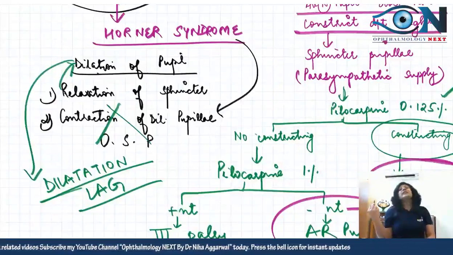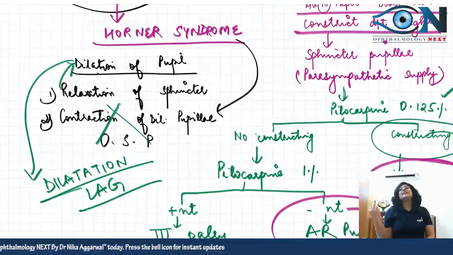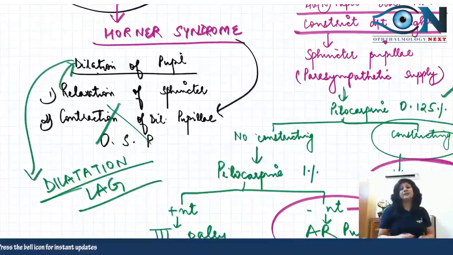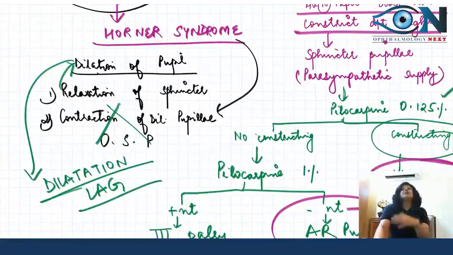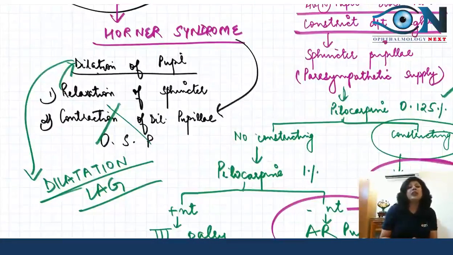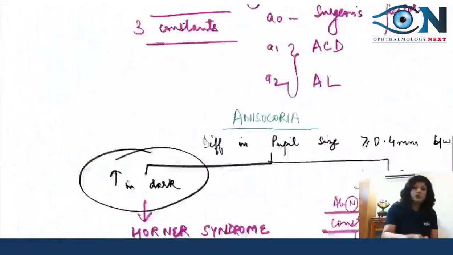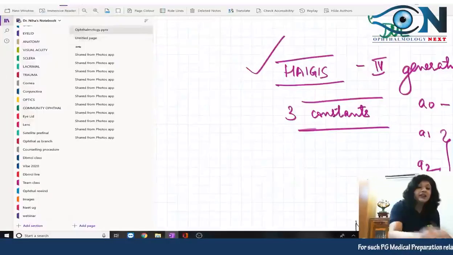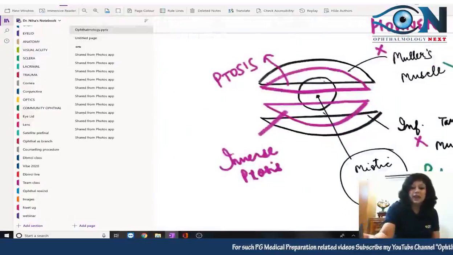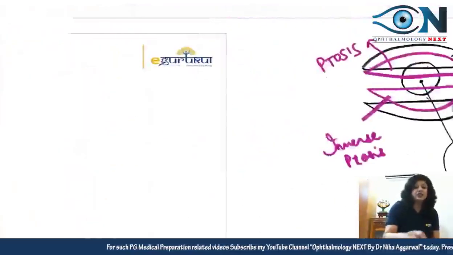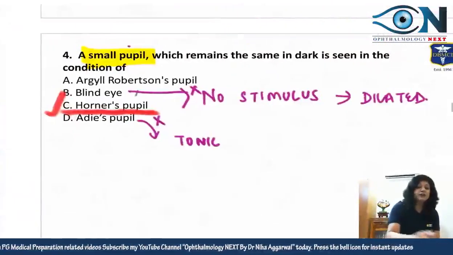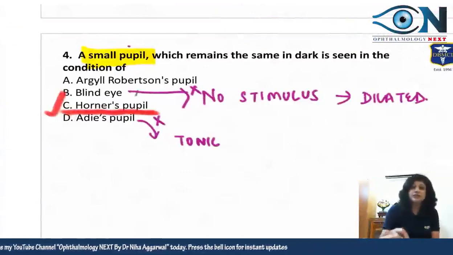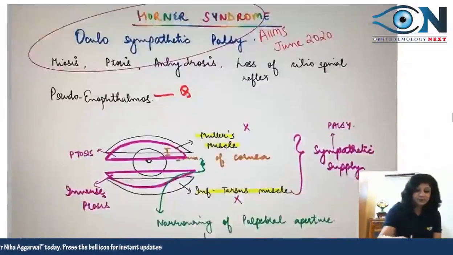So you will see that there is a dilatation lag in the other eye by about 4 to 5 seconds. So that particular dilatation lag, which is actually increasing in the dark conditions, is found in the Horner syndrome. So it should be very, very clear that it is not the Adie's pupil and it is just your Horner's pupil. I suppose this is very, very clear to you, right?